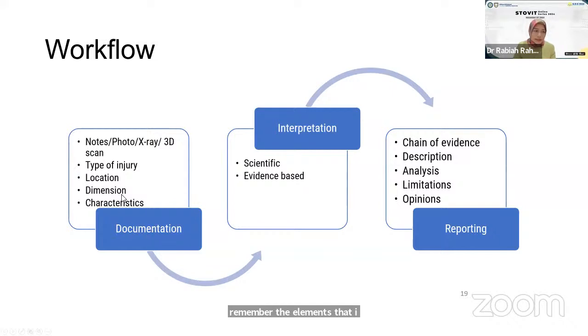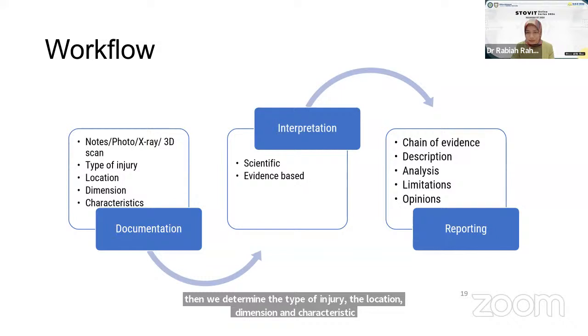We take the proper history, we do charting, we take photographs, we take X-rays. If available, we will also take 3D scanning like CBCT, but that is case to case. Then we determine the type of injury, the location, dimension, and characteristic. Then we interpret, again based on scientific data.